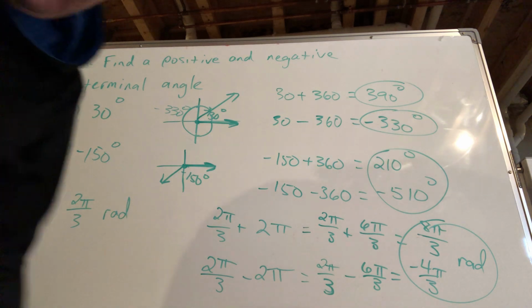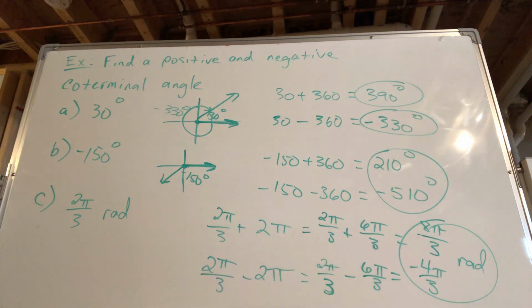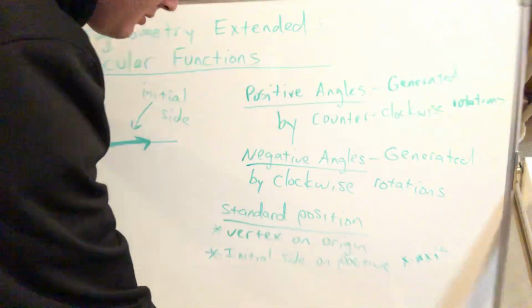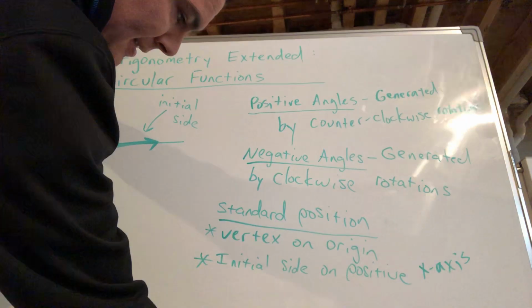All right, let me see how long this video has been. 17 minutes. Let's see. Let's do one more problem, then we'll call it quits for this video. Here we go. I'll just leave that up there. I'll get rid of the other side. Whoops. I almost cracked myself in the head there.